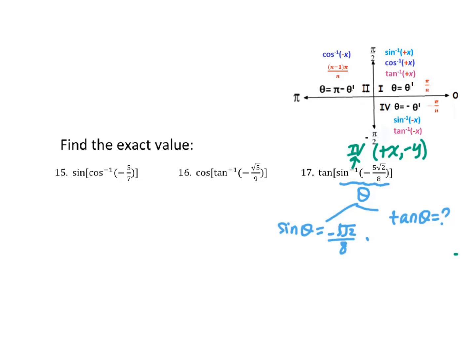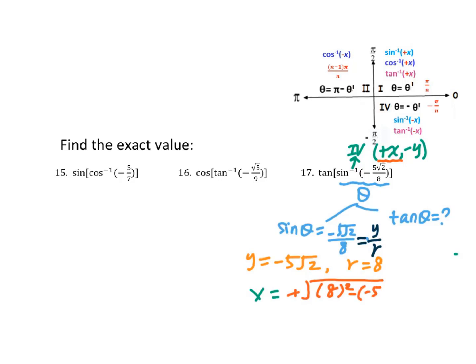For sine theta, that's y over r. So we got y equals negative 5 square root of 2, r equals 8. We need to figure out x. It will be positive because this is positive x.